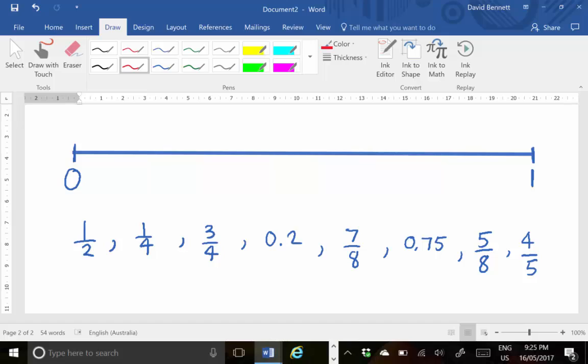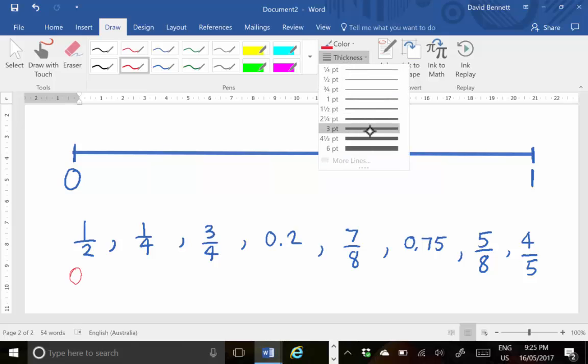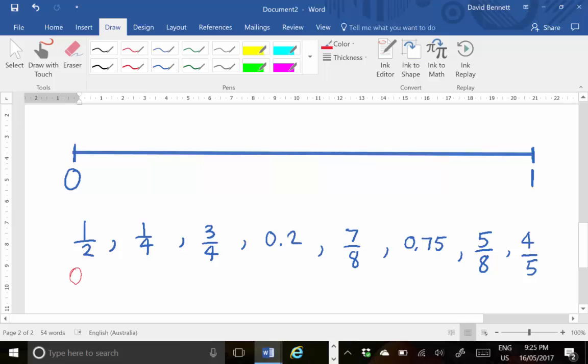If we're looking at a half, 1 divided by 2 is going to be equal to 0.5. I'm just going to change the thickness so you can actually see it. If you do 1 divided by 4, another one of those common ones, you should recognise that as being 0.25.